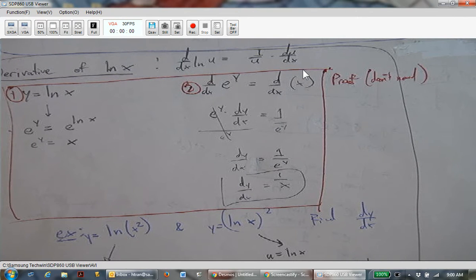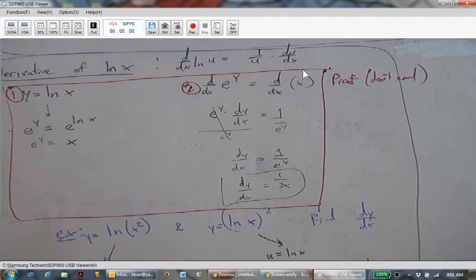Now for the other side, you did the chain rule, right? How would you get the other one? Now you have to consider that this is here. It's squared, so you have to take the derivative of this.